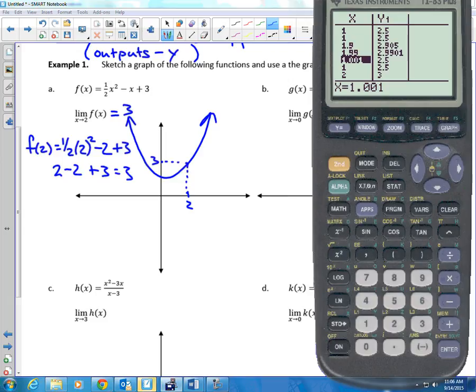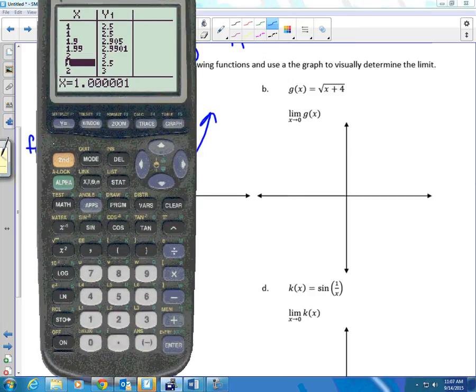If we just type in 2 to our calculator, you can see you get 3. Now, why didn't that work last week? There was a hole. We were dividing by something. You couldn't type in, say, 2 because you would get 0 in the denominator, right? Not the problem right here. With polynomials and rational functions, you could generally just plug in the number and you're good to go. It will give you the answer.